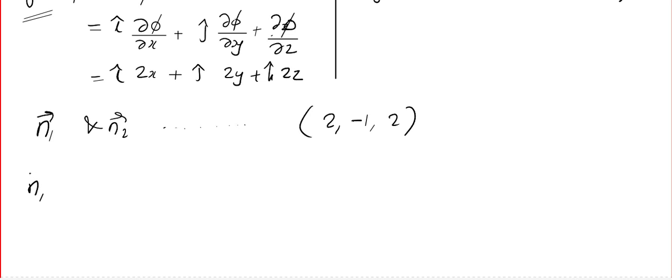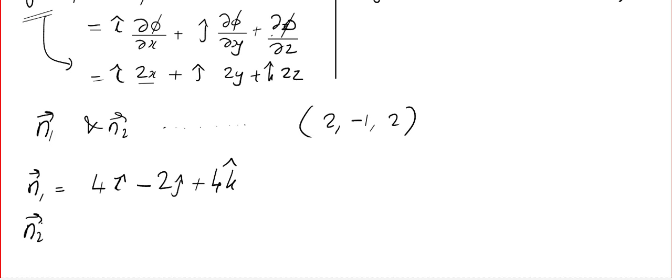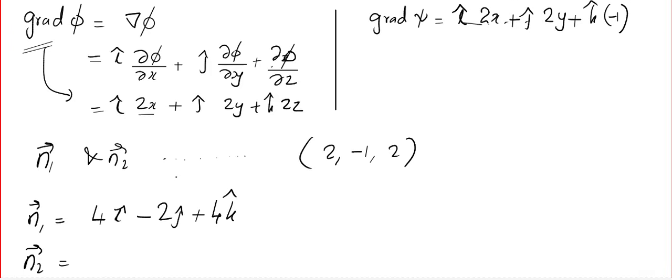What will be n1? You have to find the gradient of phi at that point. So 2 into 2, 4i minus 2j plus 4k. And n2 means the gradient of psi. Now I have to plug in the point over here. So I get 4i and then minus 2j minus k.